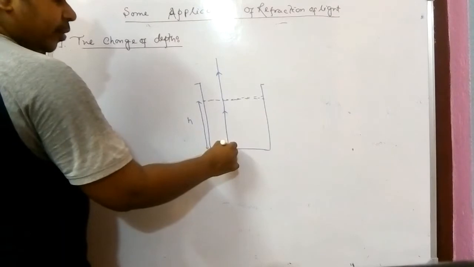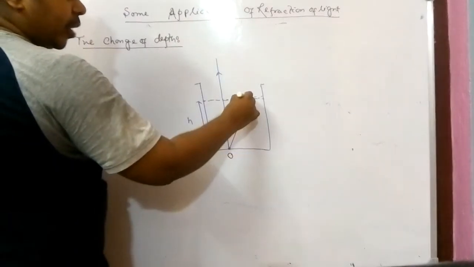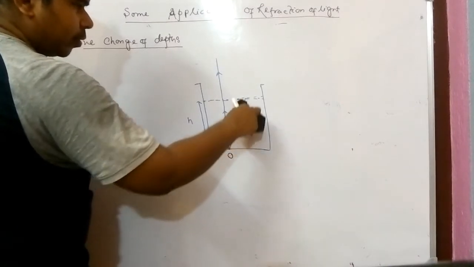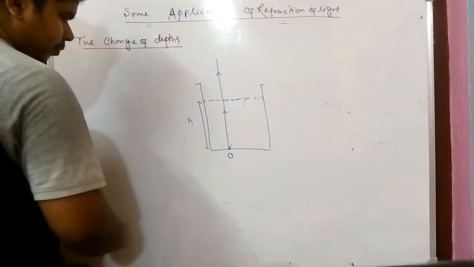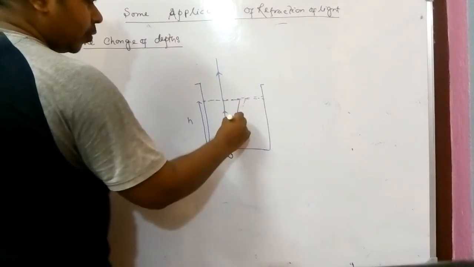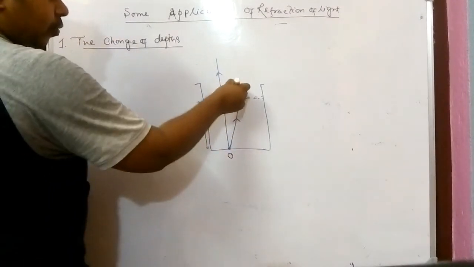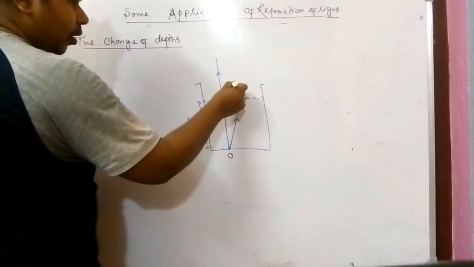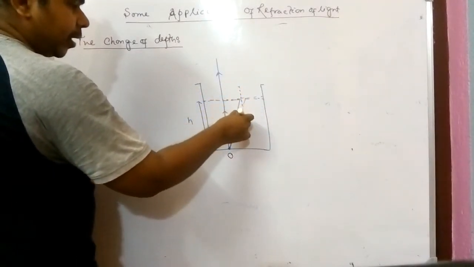And if the light ray is incident by bending a little bit, then we have to draw a normal here, because it has incident with an angle.